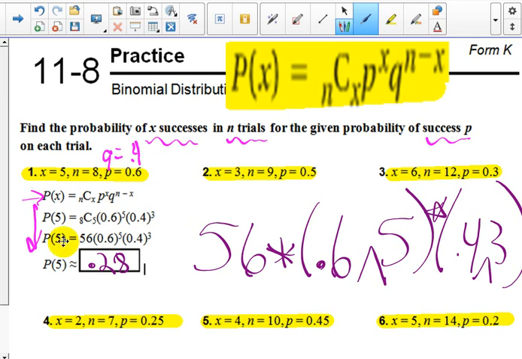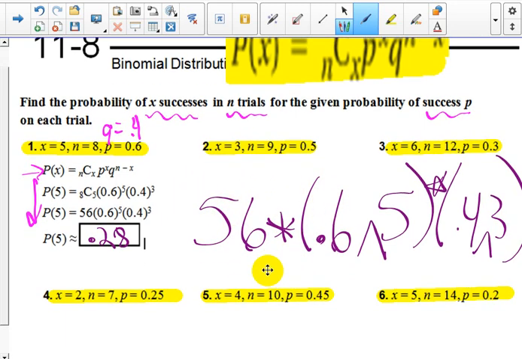Your homework will be 1 through 7, and then turn it in. I showed you here in this purple writing how to plug it in on the calculator. Remember that this little caret sign turns it into a power. So that is 0.6 to the fifth power, and the next one is 0.4 to the third power.